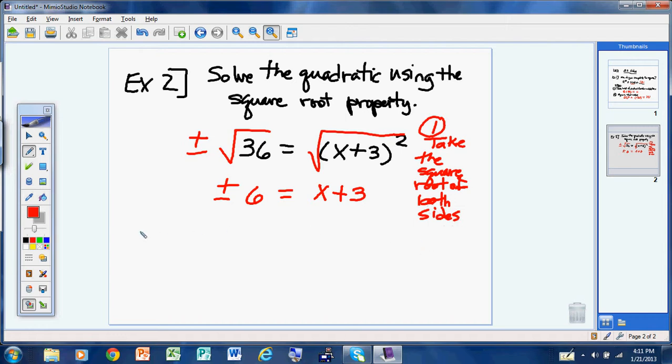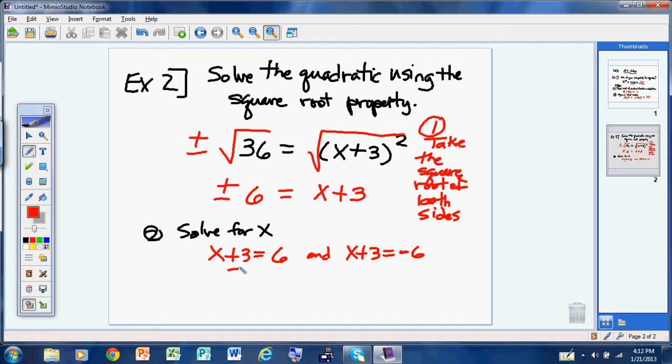And then the second thing that we need to do with this is now solve for x. So what does that mean? Well, it says that x plus 3 would equal 6, and x plus 3 would equal -6.